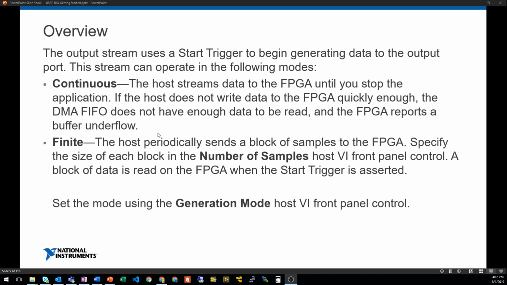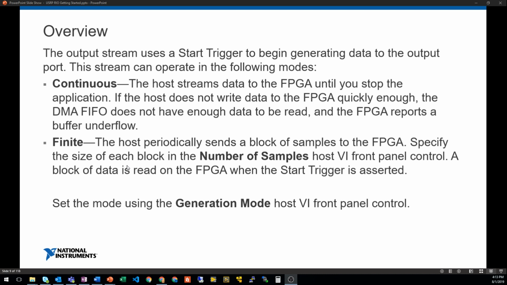In finite mode, the host periodically sends a block of samples to the FPGA, and then we specify the size of each block and the number of samples in the host VI front panel control, and then a block of data is read on the FPGA when the start trigger is asserted. So in this case the host is more a part of it, meaning that the host will tell the FPGA how many samples it expects to send.